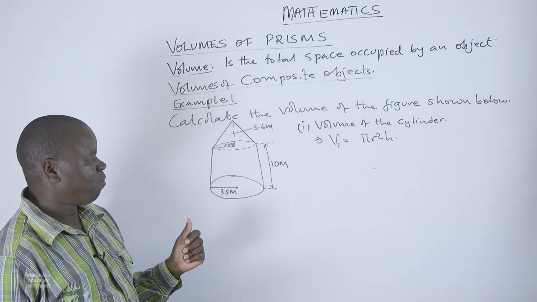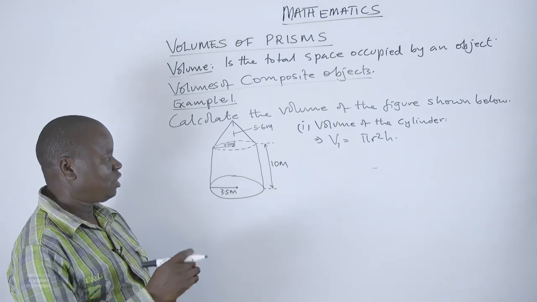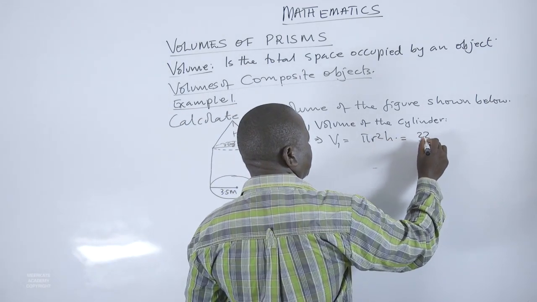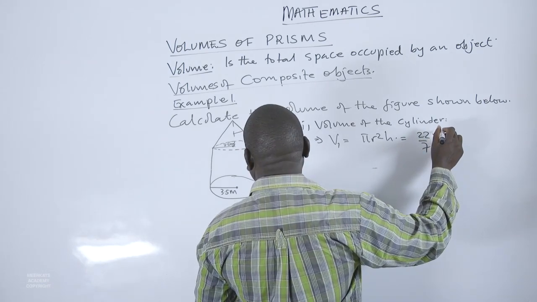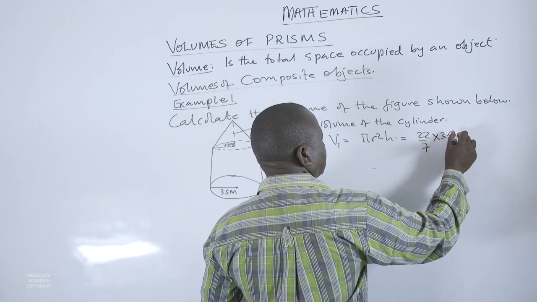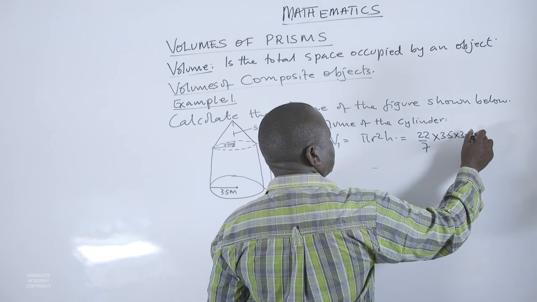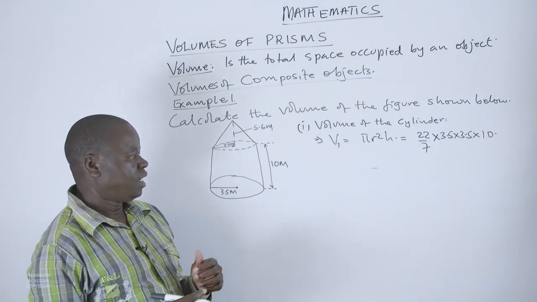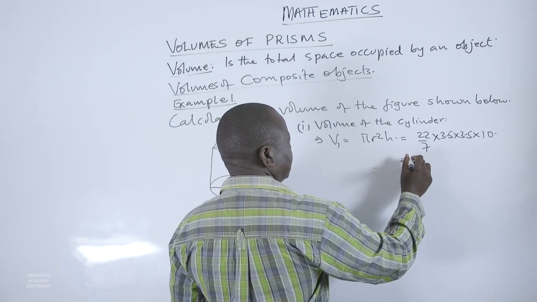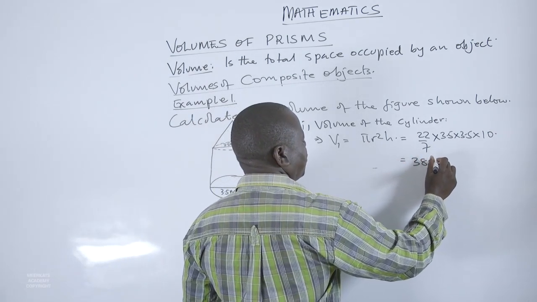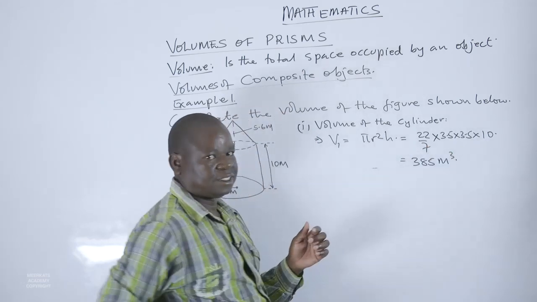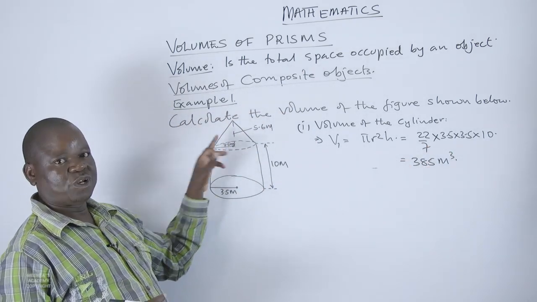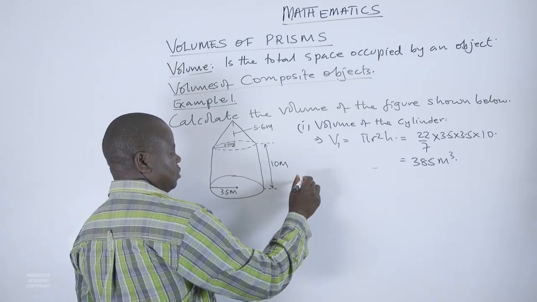Volume of the cylindrical part is given by pi r squared h. Upon substitution, we get 22/7. And that gives us 385 meters cubed as the volume of the cylindrical part. Then we get the volume of the conical part.